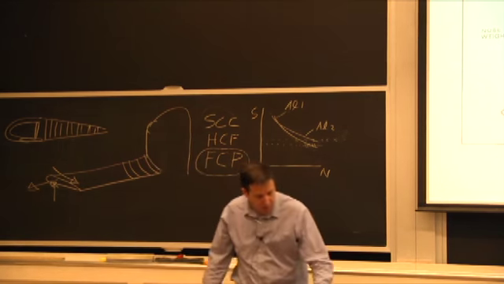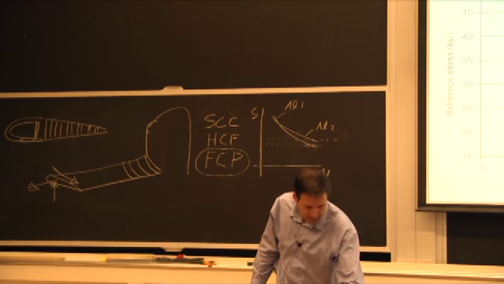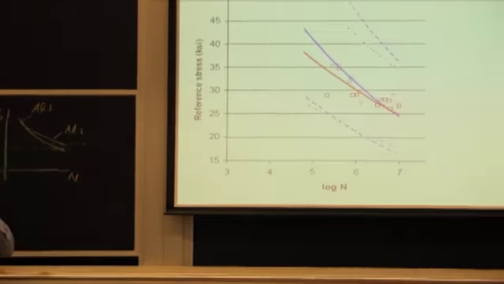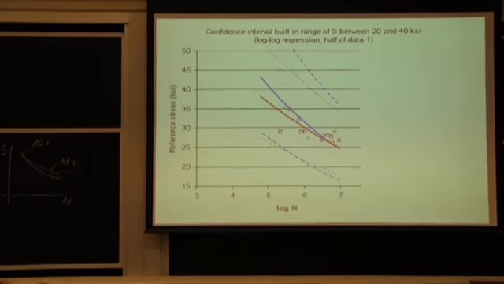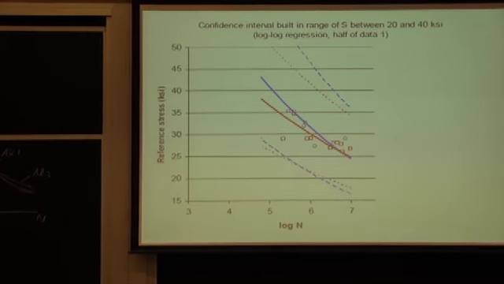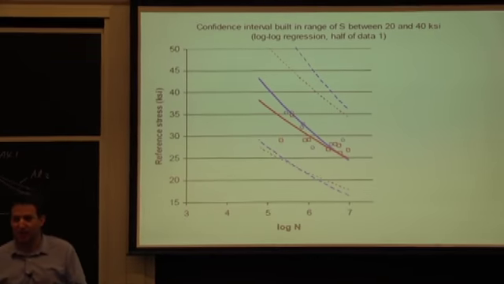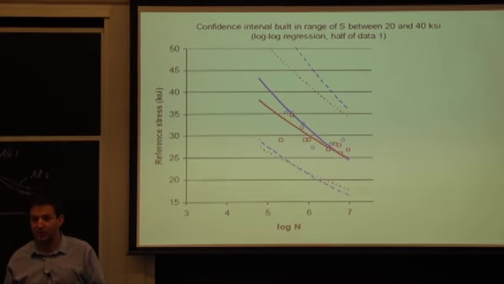And that's one of the things that we were looking at here. It's the same type of plot. We have two colors, we have two materials, and the dotted lines are what we call the confidence intervals. They are very helpful for fatigue, and whether you take them into account or not in your design makes a huge difference.